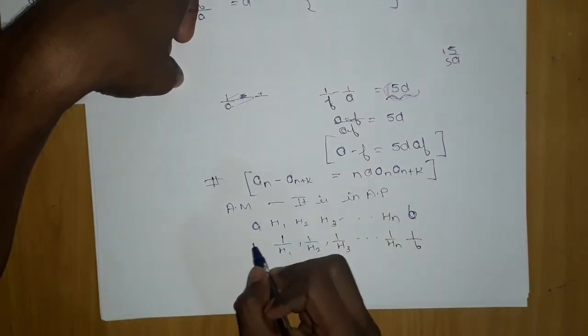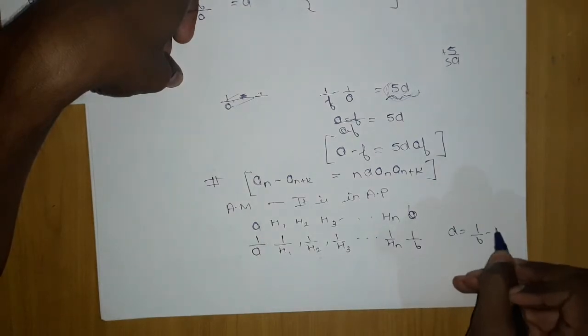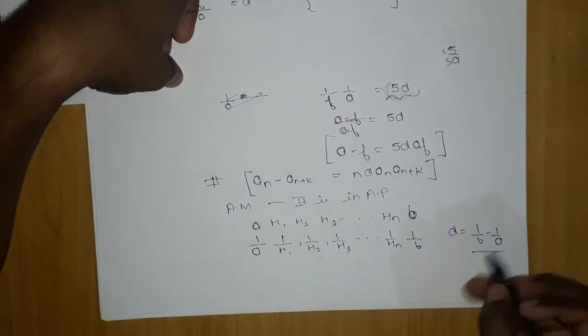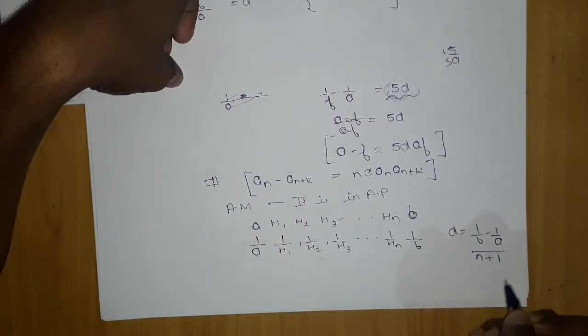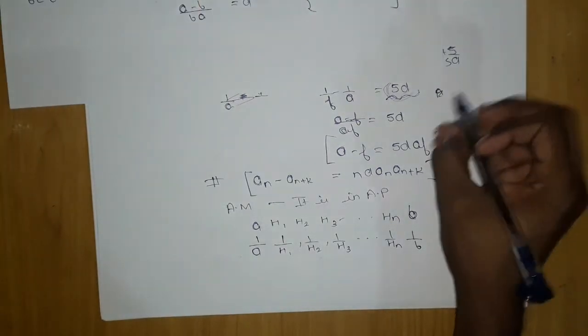You will also invert 1 upon A. You will write D as 1 by B minus 1 by A upon the number of inserted HMs plus 1, that is n plus 1. So this is how you will get D. After getting this D, you can just find any number.